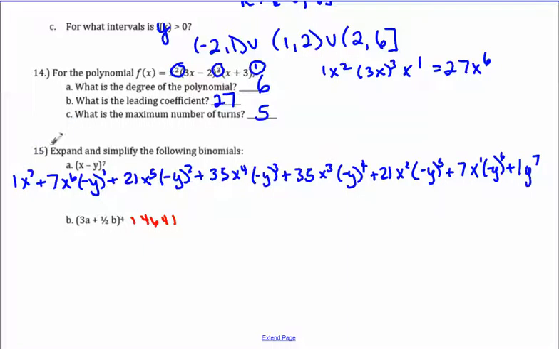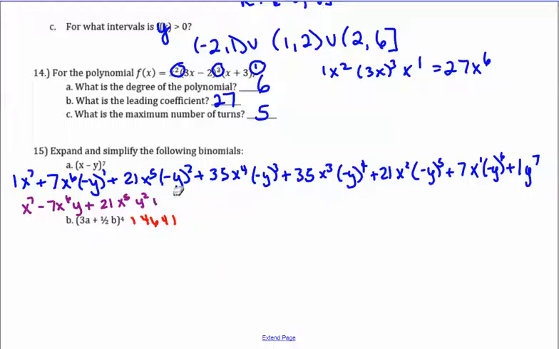Okay, so now I need to simplify. This is x to the 7. Negative can come out front, so it'll be minus 7x to the 6 y. This is negative y squared, so that's going to become positive y squared. So plus 21x to the 5th y squared.